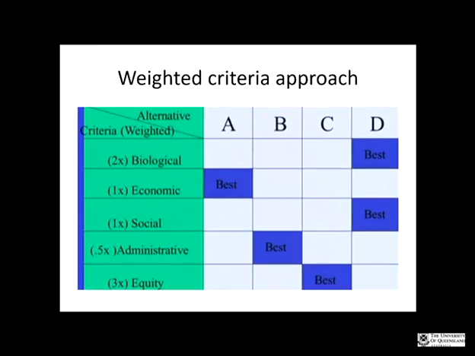But sometimes what we might do is say, no, it's not just first past the post, they're all important. And this often happens in planning and management. But we might say some are more important than others. Okay, so in this situation where I would say there's a socially polarised situation in terms of economics and equity and biologically sensitive, so we've weighted those a little heavier.